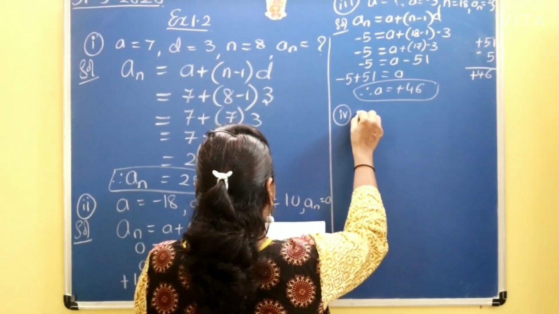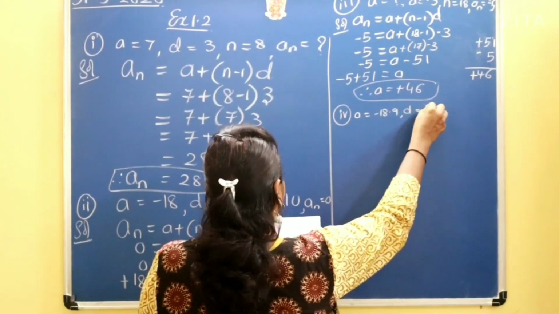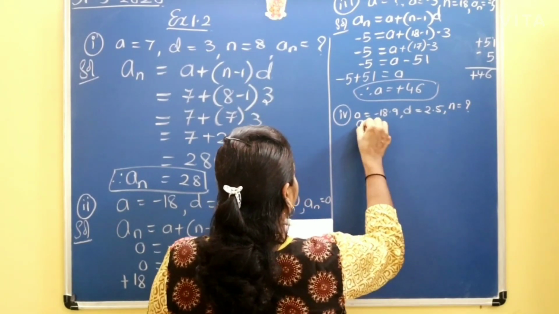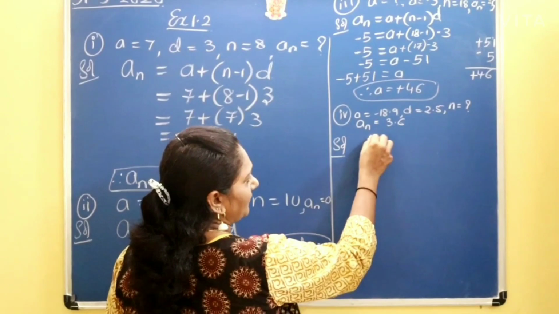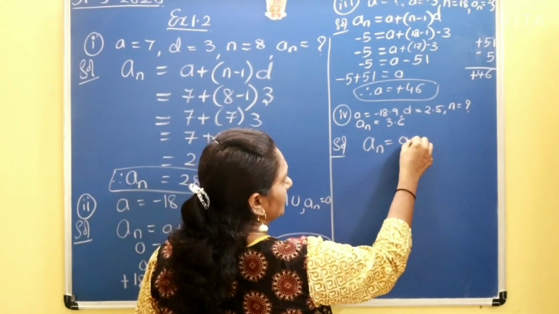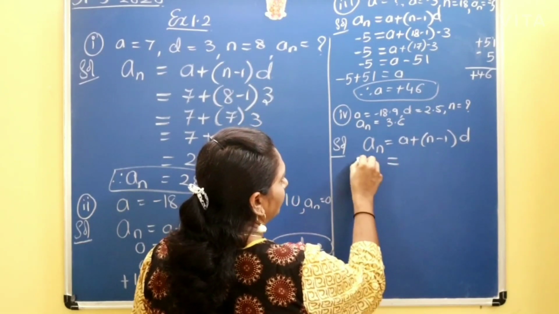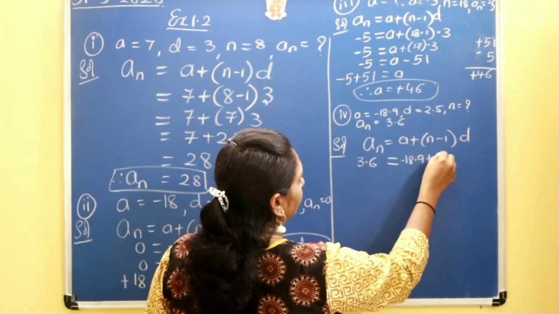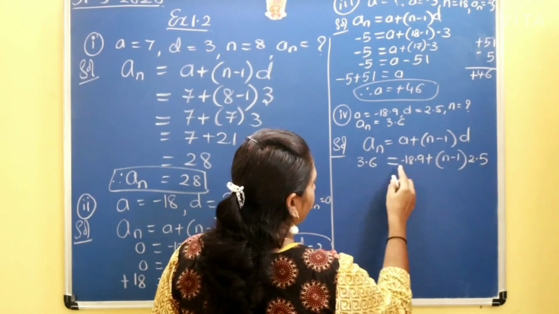Coming to the fourth question, A is equal to minus 18.9, D is equal to 2.5, N is equal to question mark, AN is equal to 3.6. Same formula we use, AN is equal to A plus N minus 1 into D. The value of AN is 3.6, minus 18.9 plus N minus 1 into D, which is 2.5.